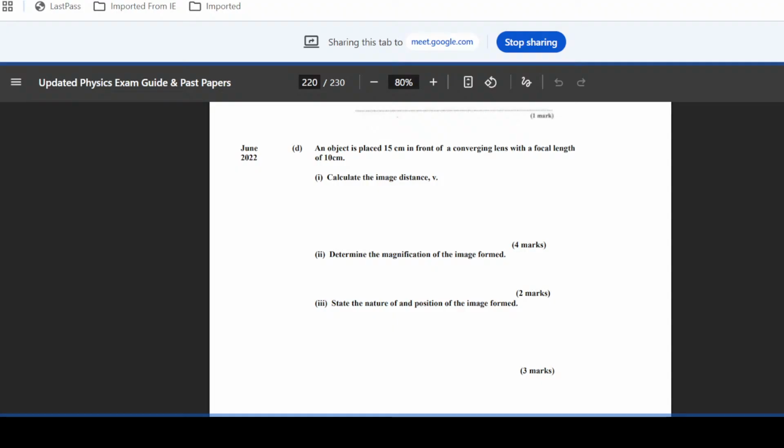So 1 over f is equal to 1 over u plus 1 over v. In this question, what is u? What's the value of u? If you remember what u is, what is u and what is v? Start with u first. Which one would represent u, that distance?